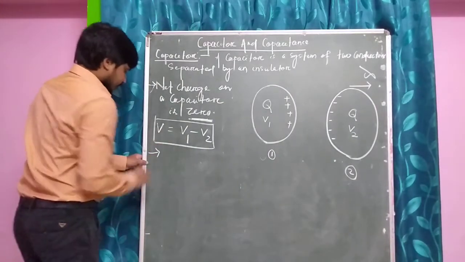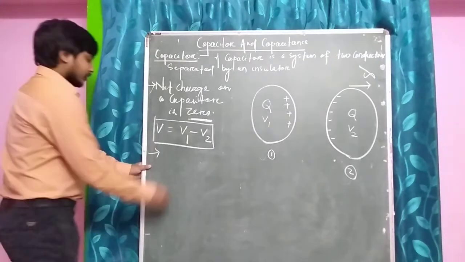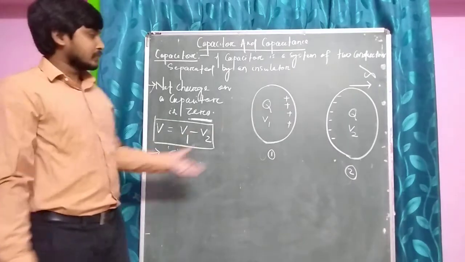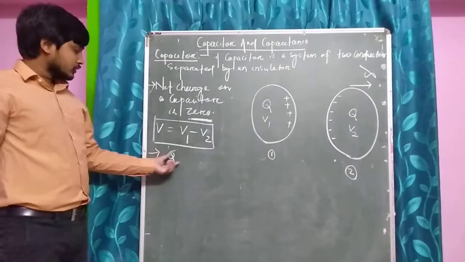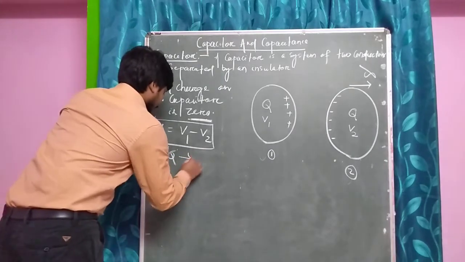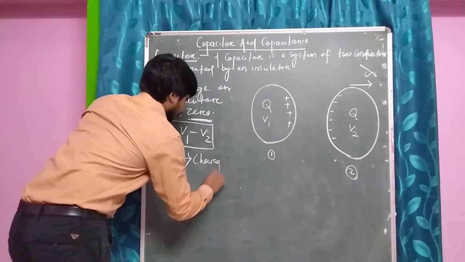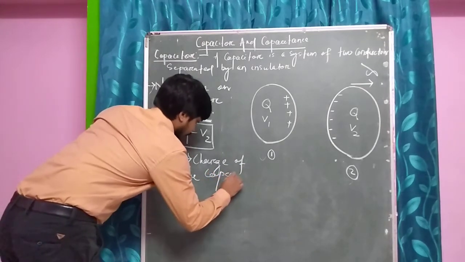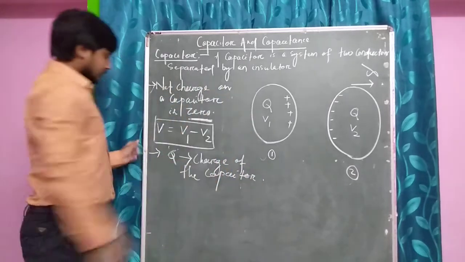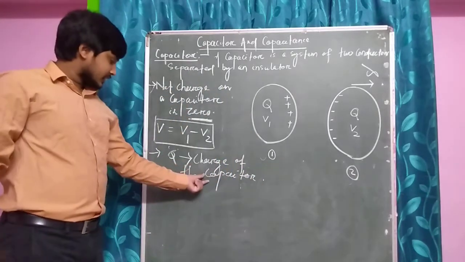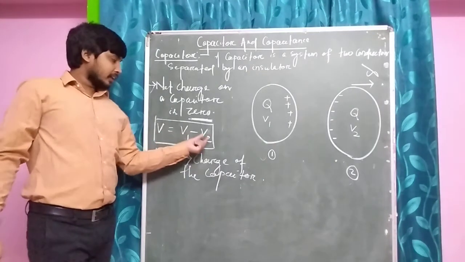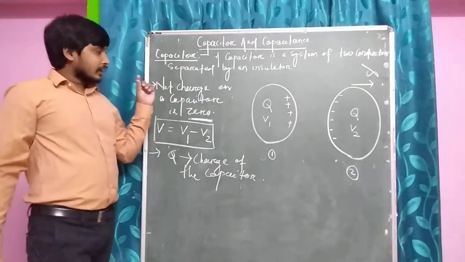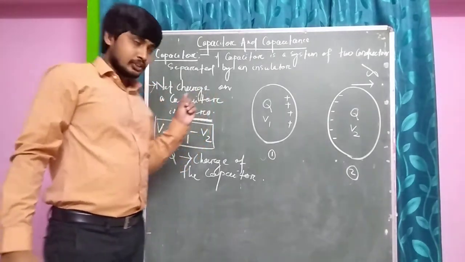And if I say the charge on a capacitor, it means this Q, the charge which the positive plate has. Q is known as the charge of the capacitor. V, which is V1 minus V2, is known as the potential of the capacitor, and the net charge on a capacitor is always 0.